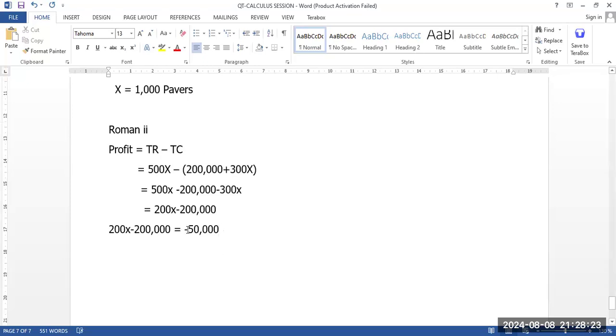I am putting it as a negative because it is a loss, so the figure is negative. So 200x is equal to negative 50,000 plus 200,000.